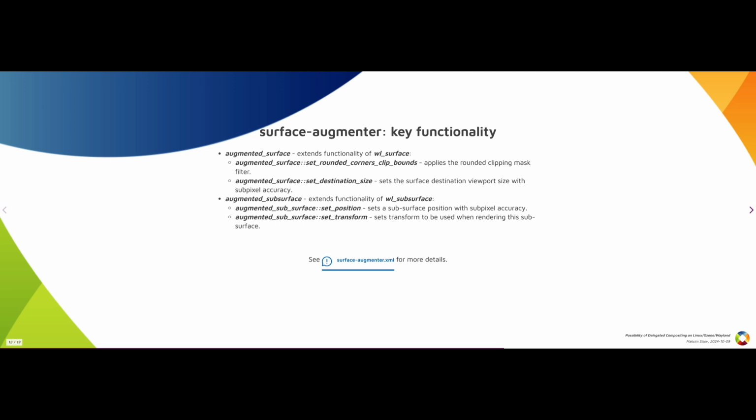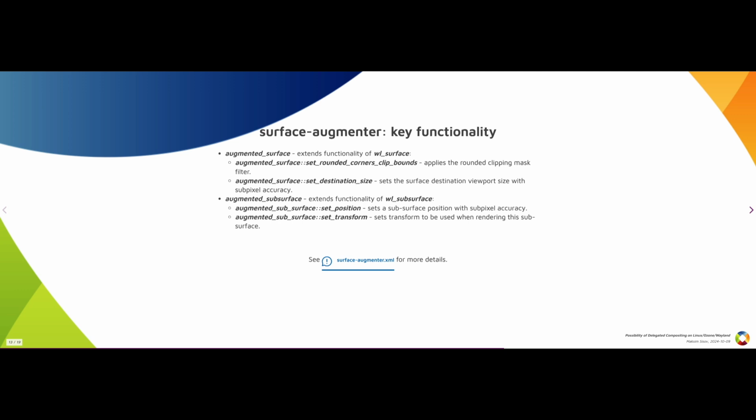Let's return to the surface augmenter protocol. That's the protocol that allows us to send additional data over the Wayland pipe and do things that Chromium does when it doesn't do delegation. We have here a couple of interesting roles, augmented surface and augmented subsurface.